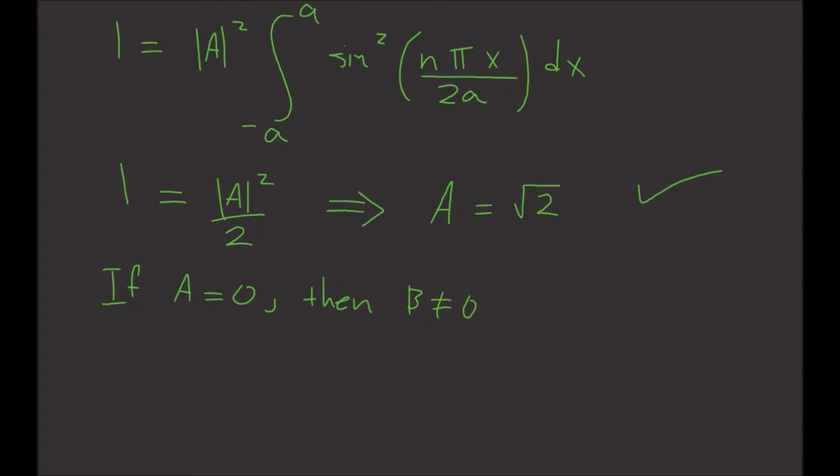In this case, we get psi equal to b times cosine of n pi times x divided by 2a.